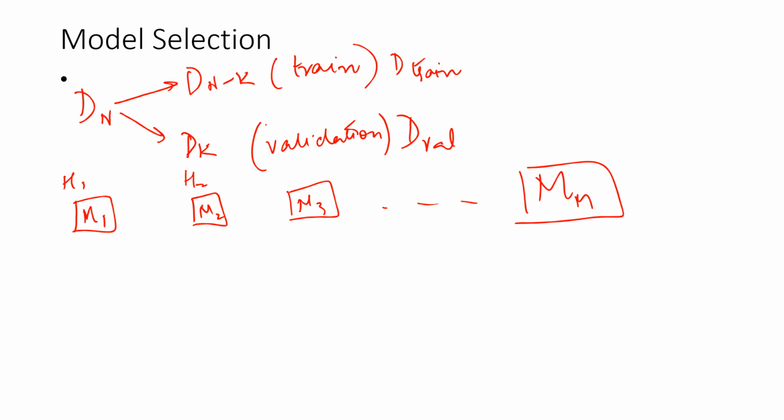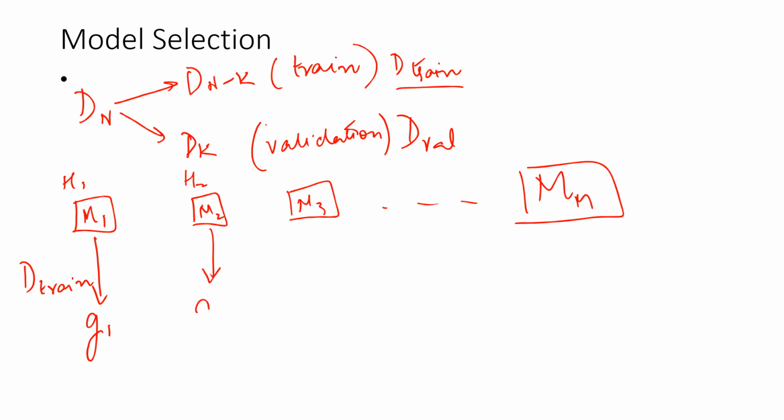What we do is train our model based on whatever data we have. In this particular case, I'm going to use the validation set later on, so I'll have a validation set and a training set. Based on my training set, D_train, I'm going to train my model, and eventually I get the final hypotheses.